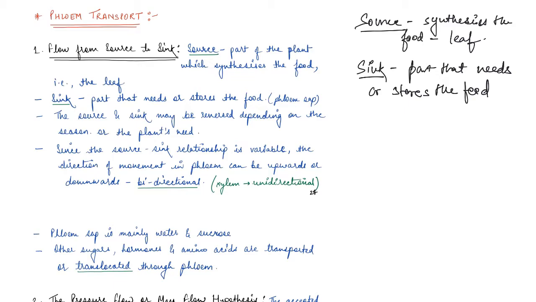Right? So basically what happens is the sugar which is stored in roots may be mobilized to become source of food in the early spring when the buds of tree act as sink when they need energy for growth and development of the photosynthetic apparatus, right?